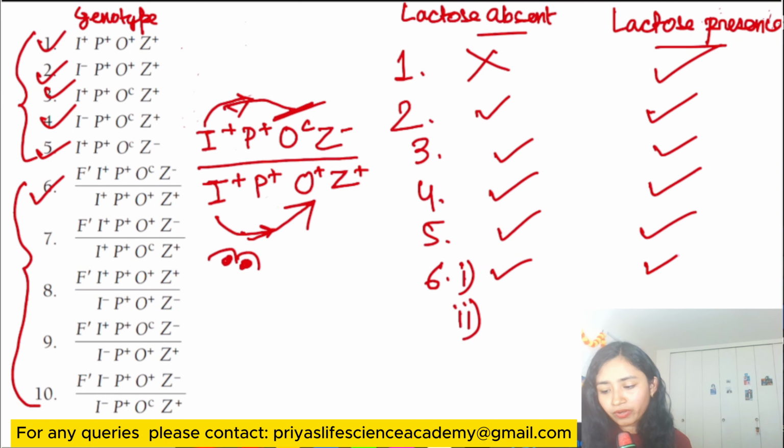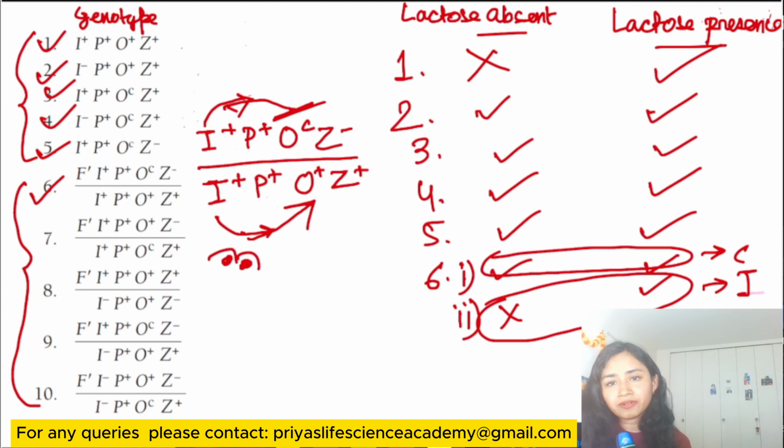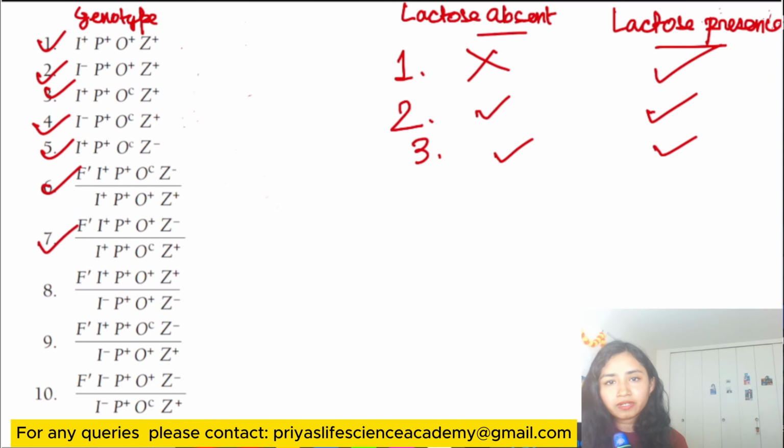For the second operon, in the absence of lactose, it is turned off, and in the presence of lactose, it is turned on. So for the first operon, it is constitutive expression, C for constitutive, and for the second operon, it is inducible expression, I for inducible. Okay, so you have to think like that. Now we will go for 7.